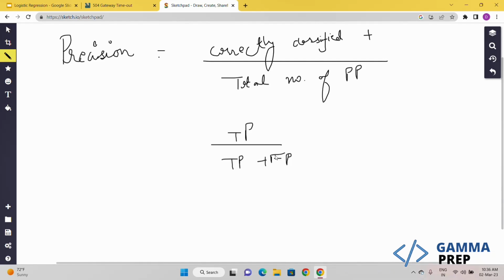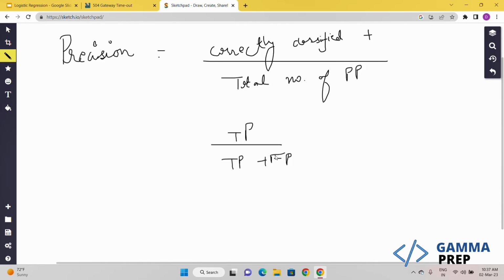So we discussed accuracy, then recall, and then precision. Accuracy is what your model is doing correctly out of the total number of testing points, or how many points your model is able to classify correctly out of the total number of testing points.